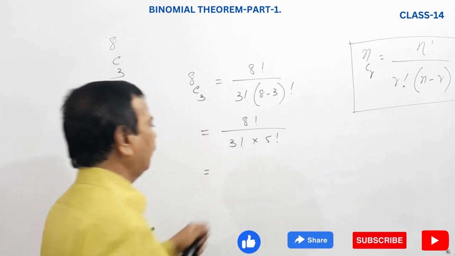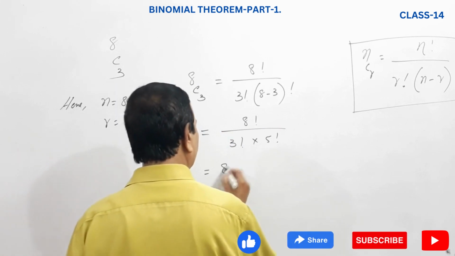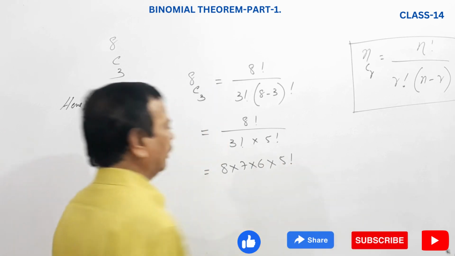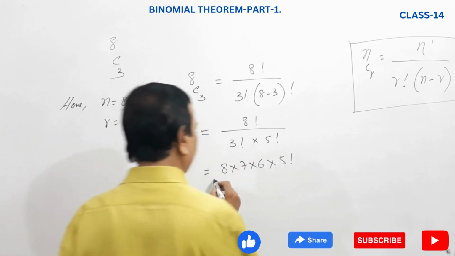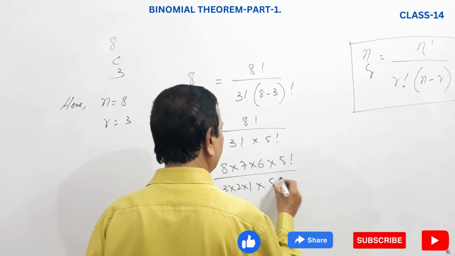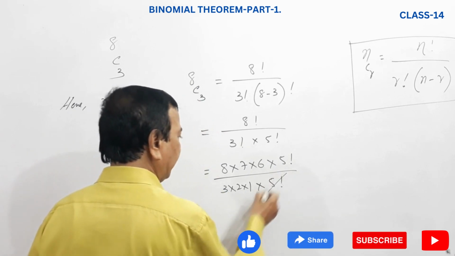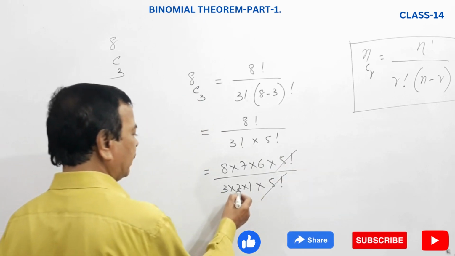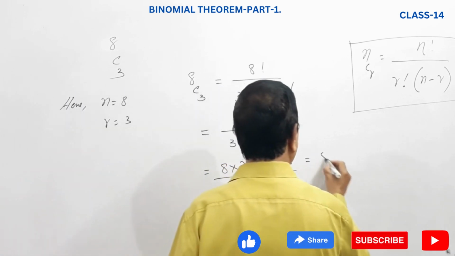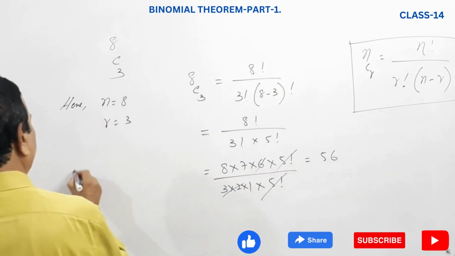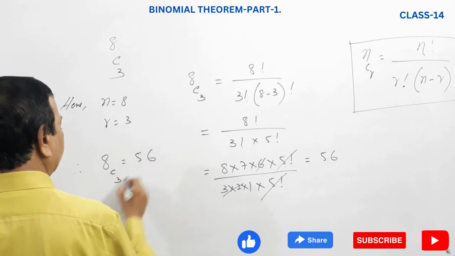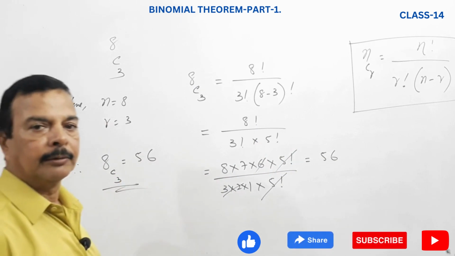I have to stop at 5 factorial, so 8, 7, 6 into 5 factorial. 5 cancels, easy for you. And the denominator is 3, 2 into 1 into 5 factorial. So 5 factorial cancels. 3 2s are 6, 6 cancels. 7 8s are 56. Therefore 8 C 3 equals 56. Got it?